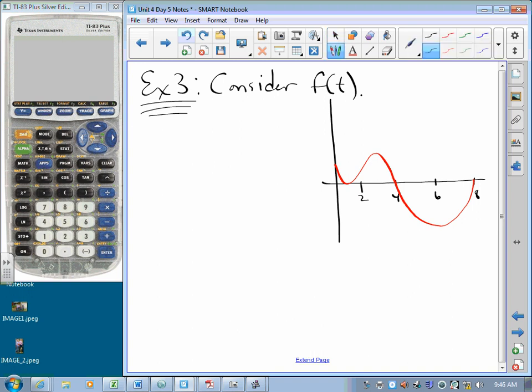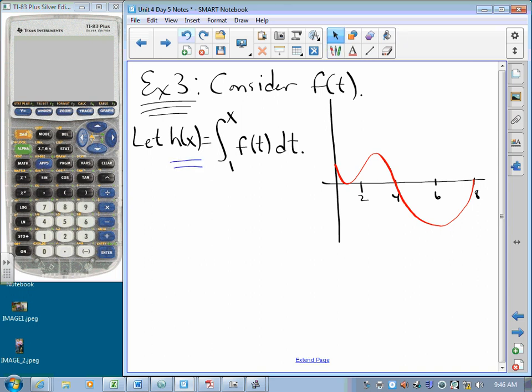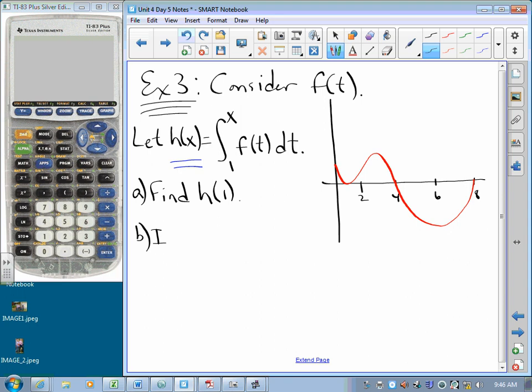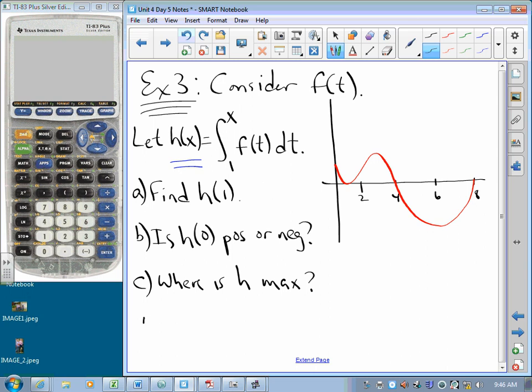We're going to let h of x be the integral from 1 to x of f of t dt. So in other words, h of x is that capital F that we've been building. And I want to answer some questions like, what is h of 1? Is h of 0 positive or negative? Where is h maximum?